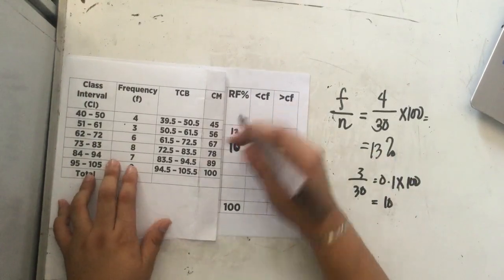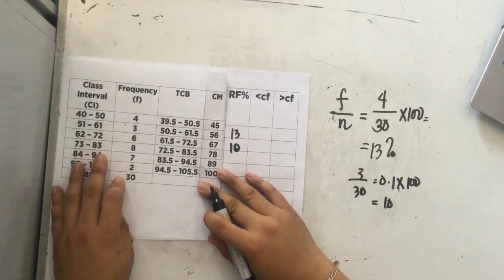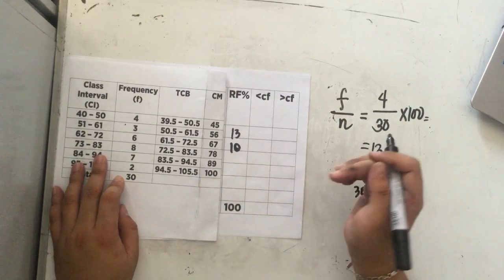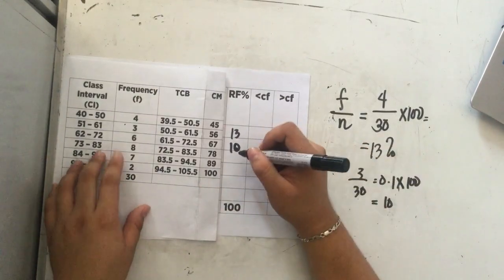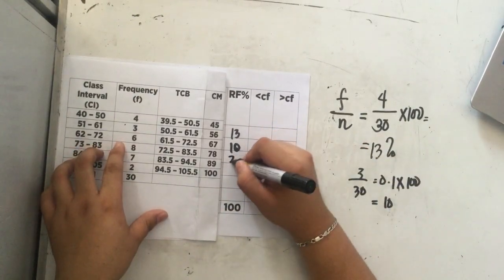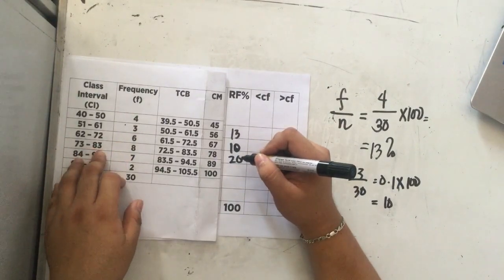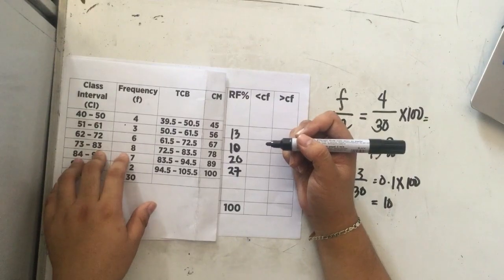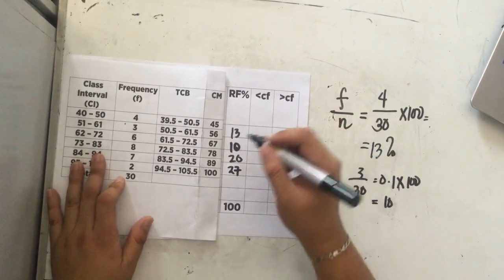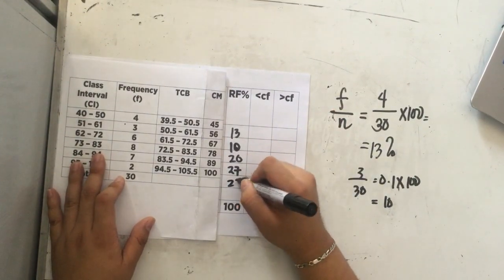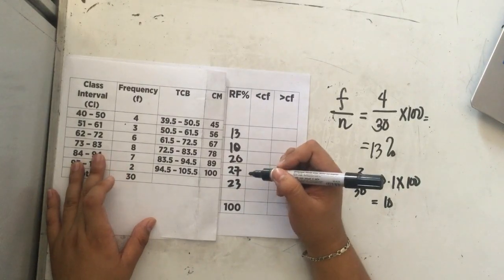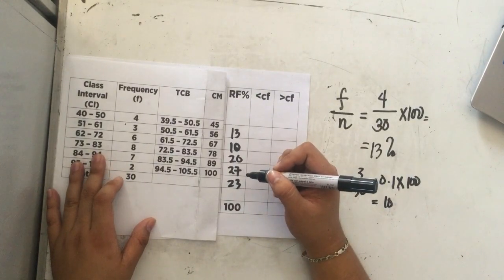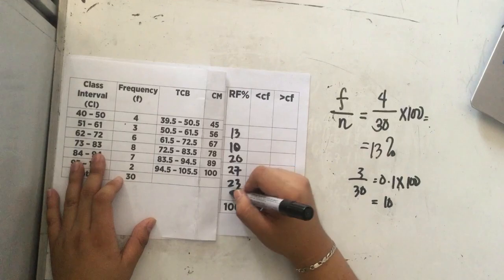So gagawin lang natin siya, 6 divided by 30 times 100, we get 20, and then 8 divided by 30, we get 27, tapos 7 divided by 30 times 100, we get 23, 2 divided by 30 times 100 is 7.